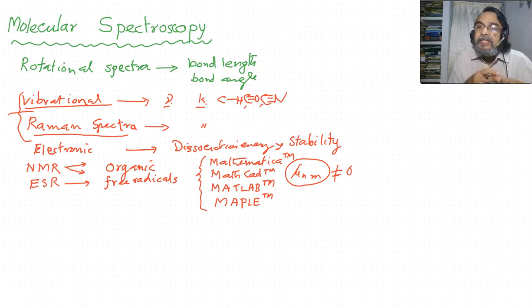For convenience, we are dividing the electromagnetic radiation into different regions from very low energy to very high energy. I'm going to clean the board. We will see the different regions and associated types of spectra very briefly.